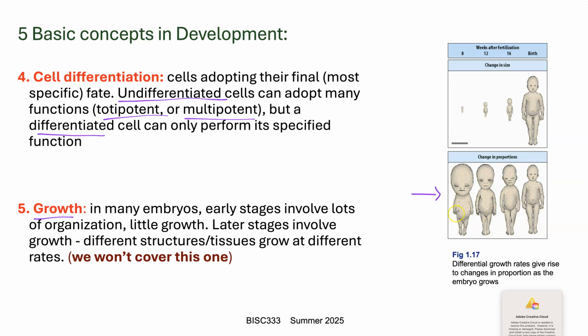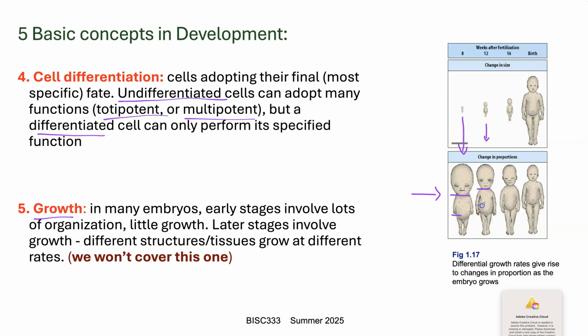So that, for example, at about the 8-week stage, the embryo is very, very tiny, but something like a third of the body is head, right? At the 12-week stage, there's already somewhat of a difference. The body has grown more.